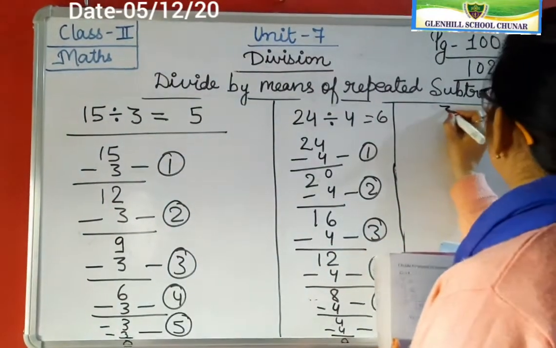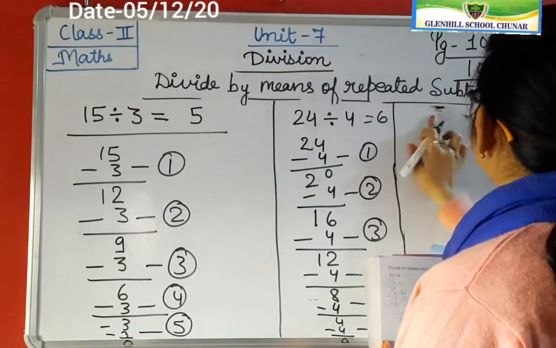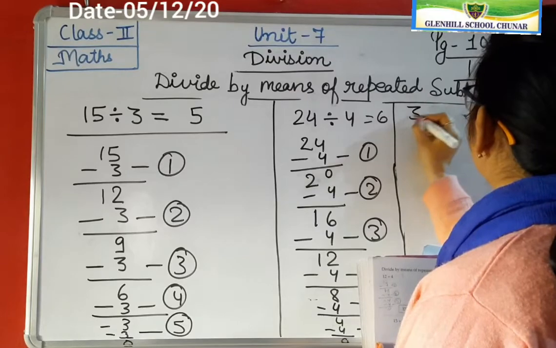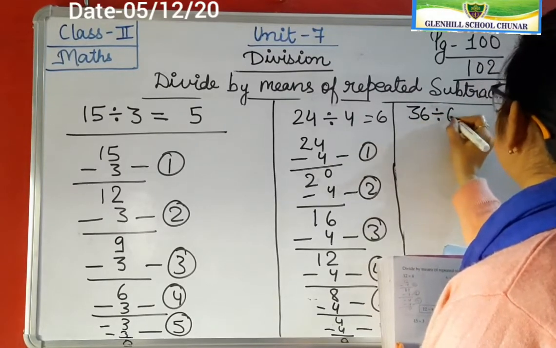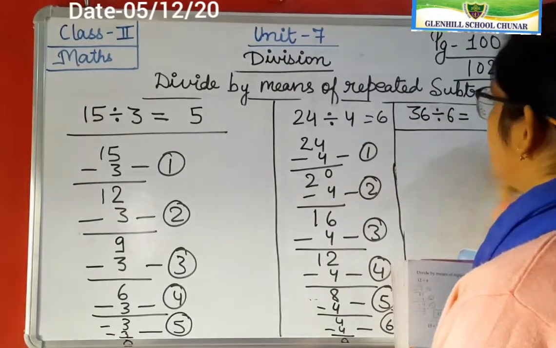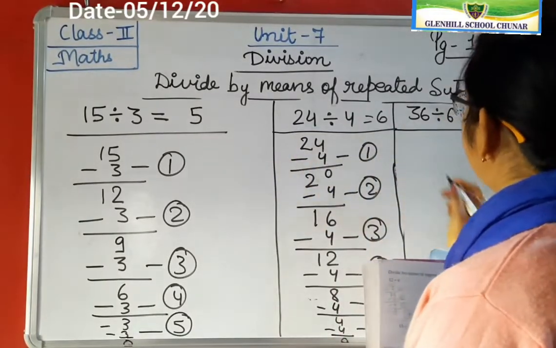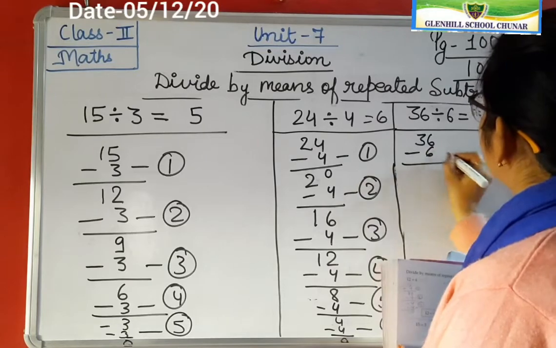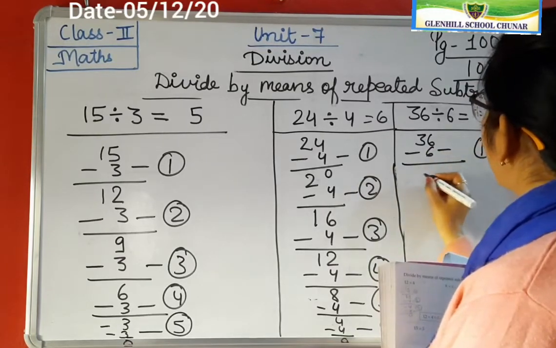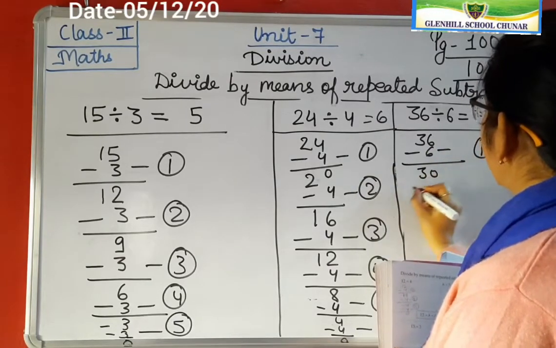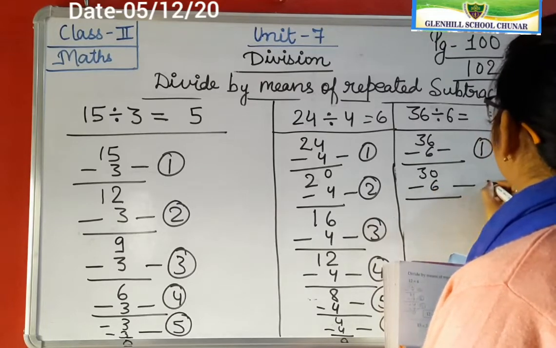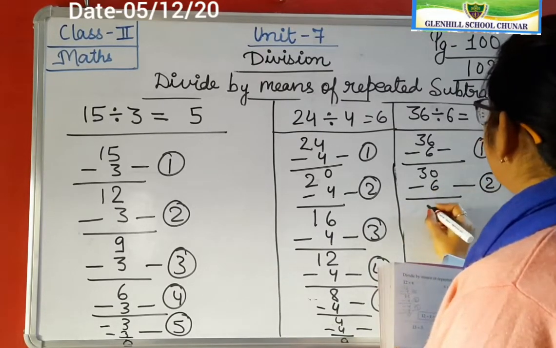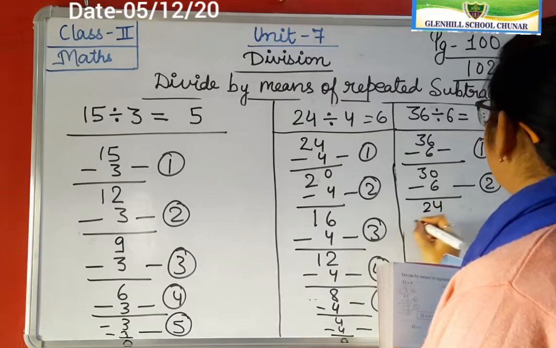Now 36 divided by 6 is equal to 36 minus 6, 1 time comes 30. Again minus 6, 2 times, 24.